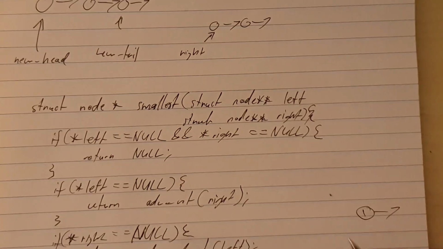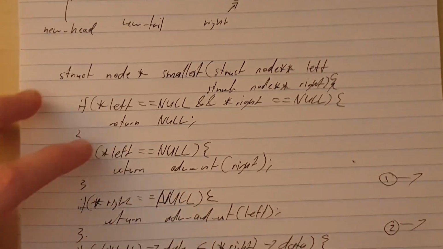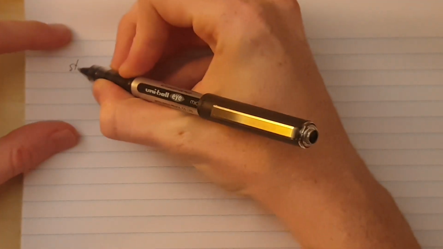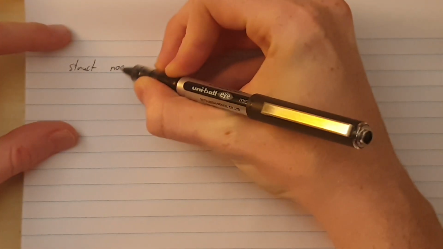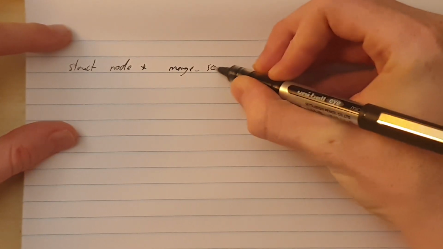And of course, I've been a bit clever and nice and organized about how I put this together and told you about it, so it's very clear. So that our final function, merge sorted, ends up being very nice. So now we want to look at struct node star merge_sorted.